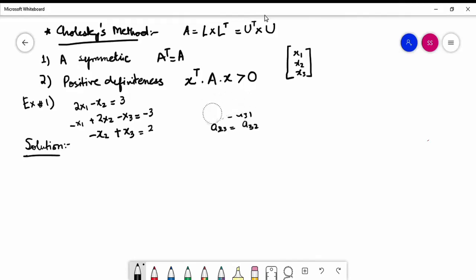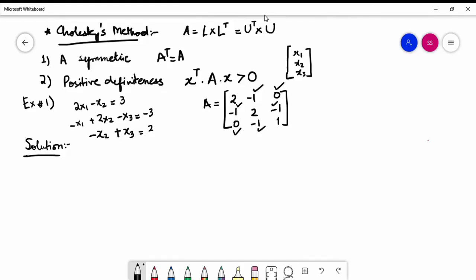If I write the coefficient matrix, you can see that it's symmetric: 2, minus 1, 0, minus 1, 2, minus 1, 0, minus 1, and 1. Yes, A12 is equal to A21, A13 is equal to A31, and A23 is equal to A32. So yes, it is symmetric.